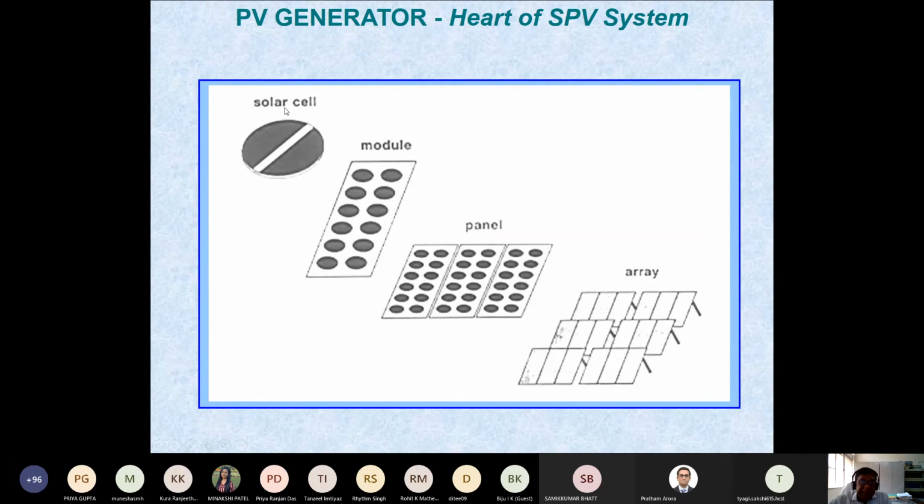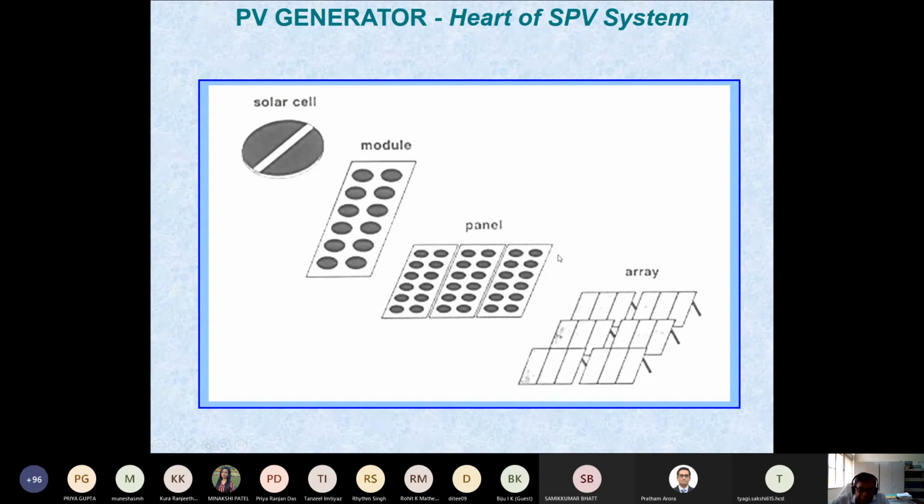Basically, PV cells, the solar cells, are produced in mass, and then they are connected mostly in series, nowadays parallel also, but earlier in series, to make the module. This is readily available in the market, the final product produced in a factory or industry. If a number of cells are connected in series to make a module, that generator I call a module.